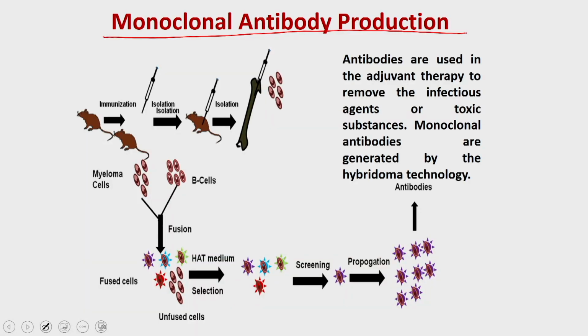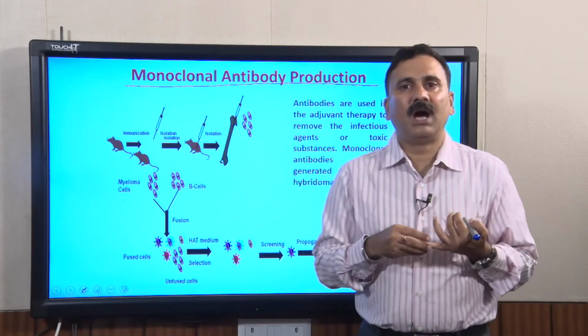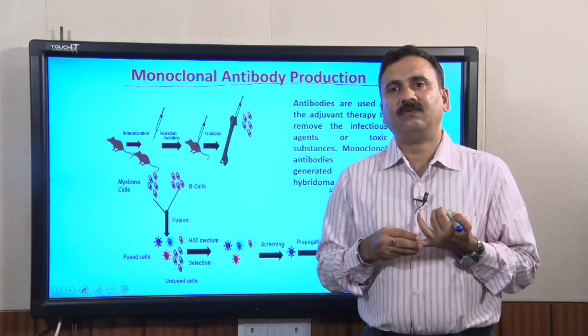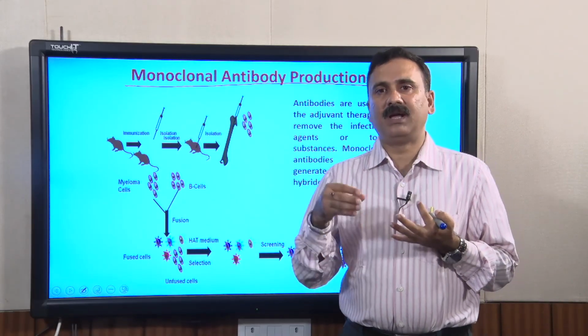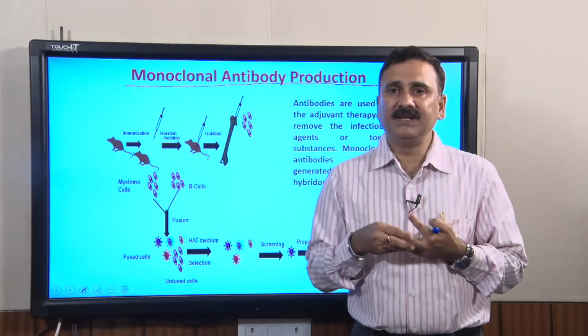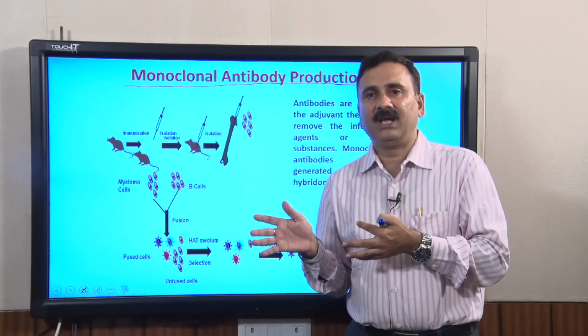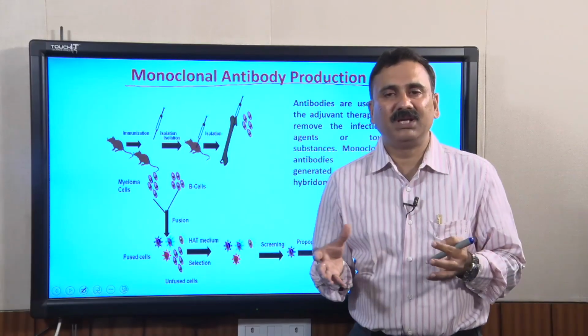Before we go into monoclonal antibody production, what we have discussed so far is the applications of biotechnology in the medical sciences. We have discussed how biotechnology has allowed the production of different types of vaccines, the production of different therapeutically relevant recombinant proteins, and how we are performing gene therapy applications.